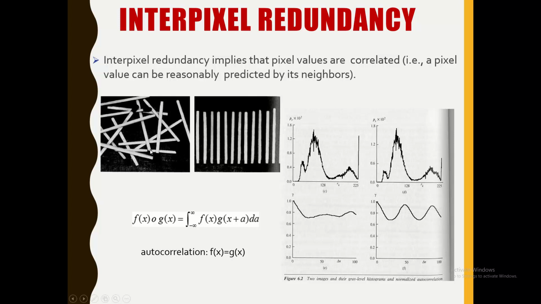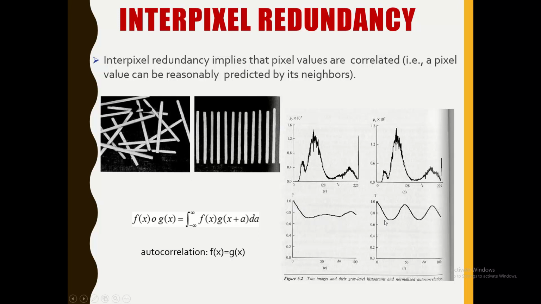As you can see, there are two figures, figure A and figure B, and the corresponding histograms of figure A and figure B. The histograms of both the images are similar. Now we find the autocorrelation. As we have already learned about correlation, you know this formula. We find the autocorrelation along a line profile of this image and a line profile along this image.